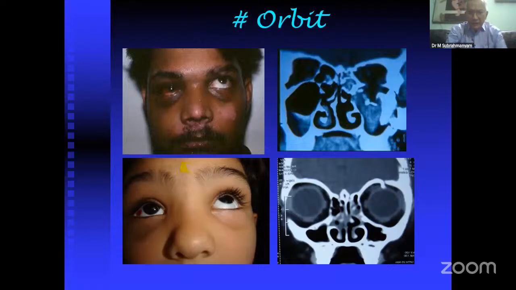Fracture orbits. CT scan is very, very important to know in the management of fracture orbits. So here you can see a patient with a bit of enophthalmos, and elevation is being restricted. So in this gentleman, the right eye is fractured, there is a minimal subconjunctival hemorrhage, elevation is restricted. And what does the CT scan show?